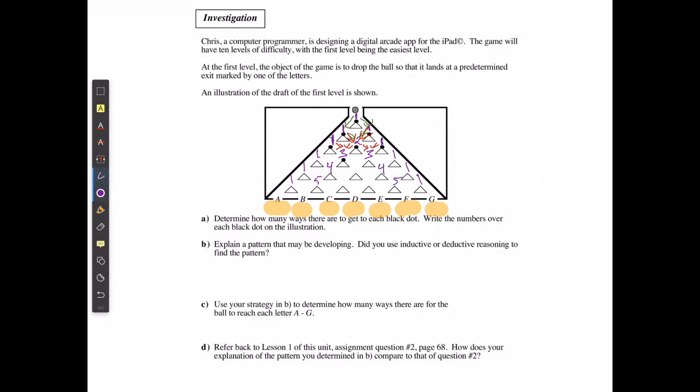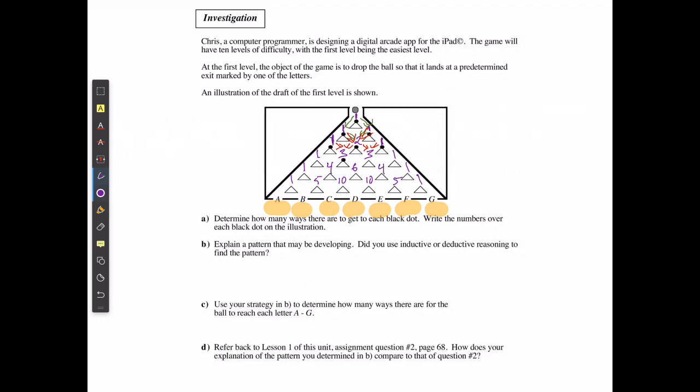On this level, in between the 4s, I have a 3 and a 3. There's going to be 6 ways to get there. And on the bottom level, the 4 and the 6 are going to give me 10. And this is also going to give me 10.